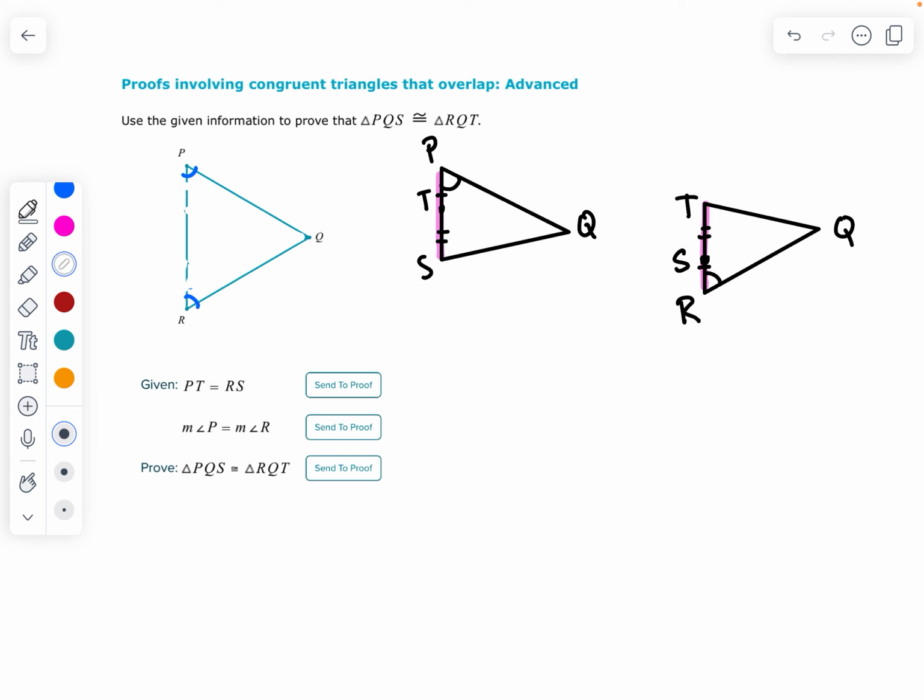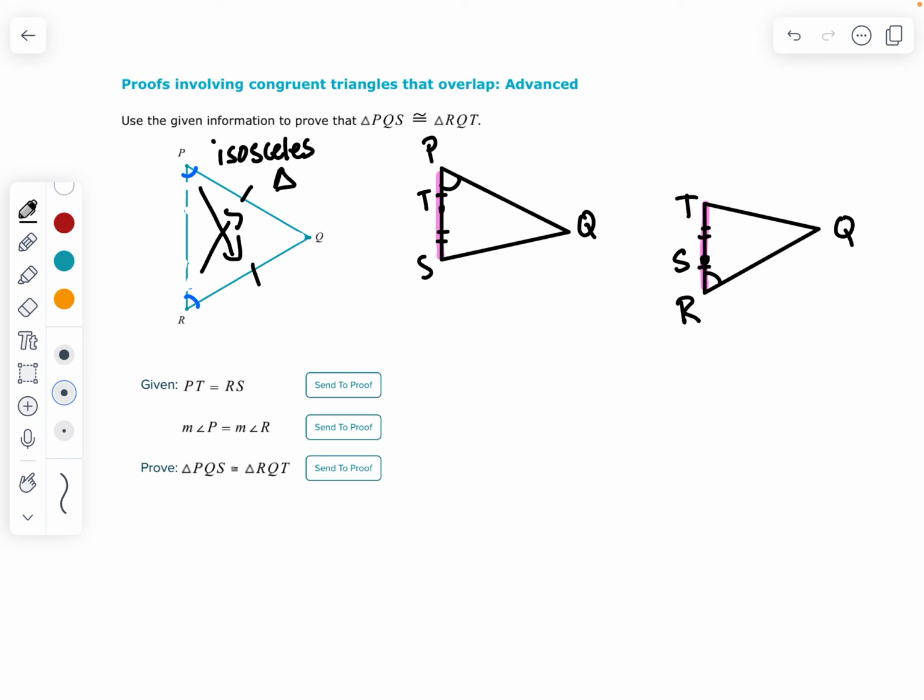If we just knew that P and R were the same, that is an isosceles triangle. Okay? I hope you're seeing that. This is an isosceles triangle. And when that's true, we go across and these are the same.